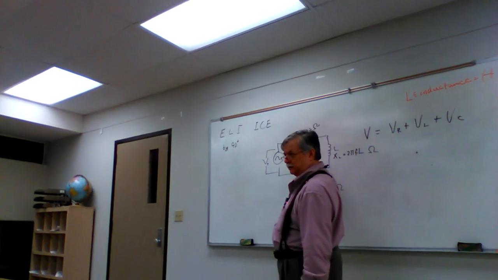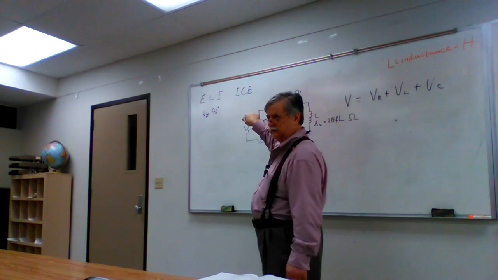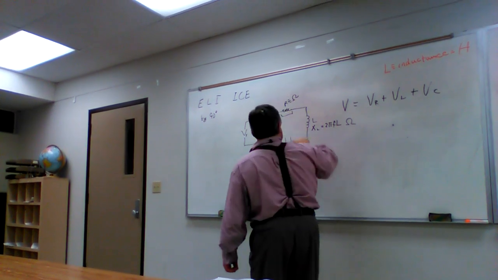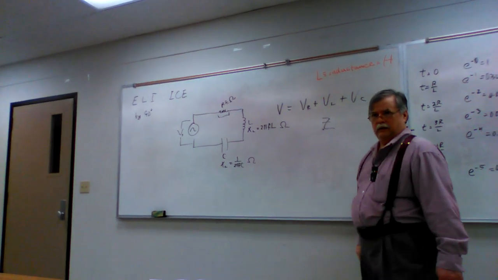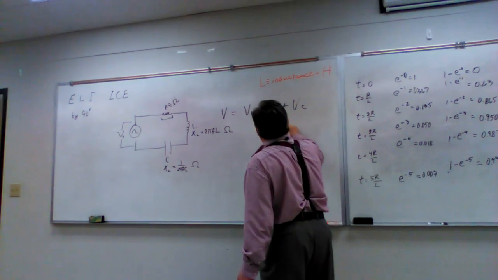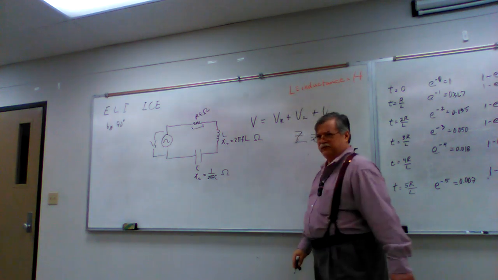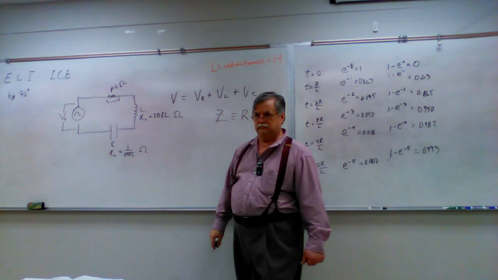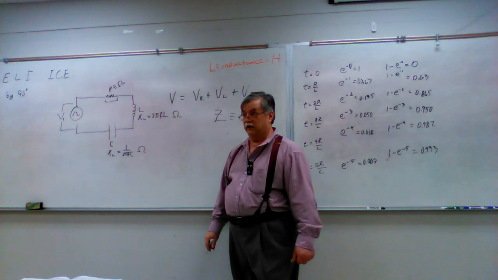The resistance is the real component of the total impedance. Now we're going to talk about impedance of the circuit, which is resistance. Do y'all use J or I? I or J? I?